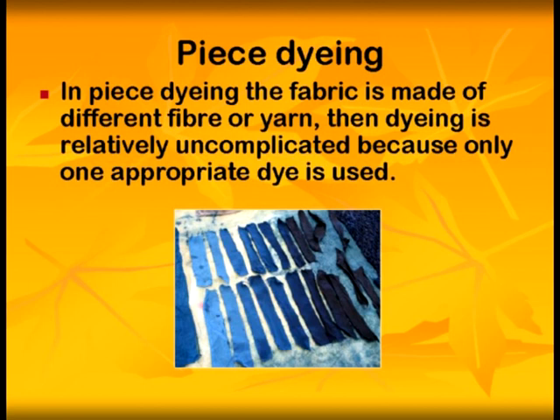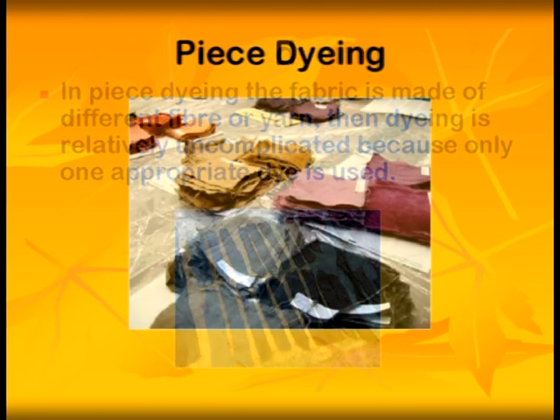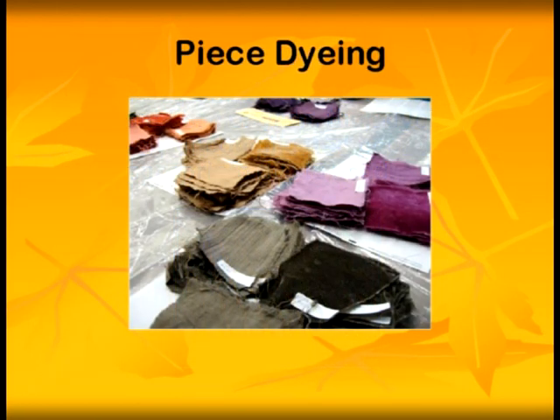Fabric may be piece dyed whether it is composed of one kind of fiber or yarn or of blends of different fibers or combinations of different yarns. When the fabric is made of one kind of fiber or yarn, then dyeing is relatively uncomplicated because only one appropriate dye is used.